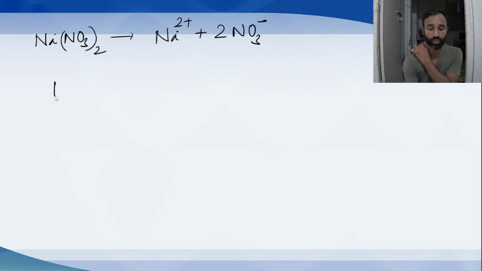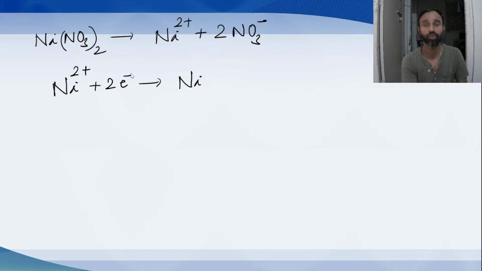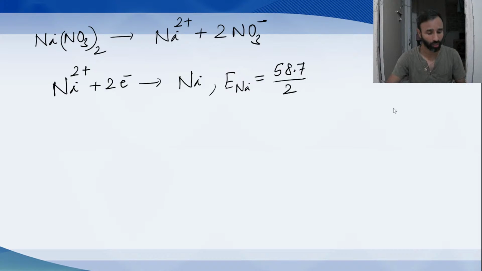To deposit nickel, nickel 2 plus will gain 2 electrons. So the equivalent weight of nickel is the atomic weight of nickel, around 58.7, divided by 2.